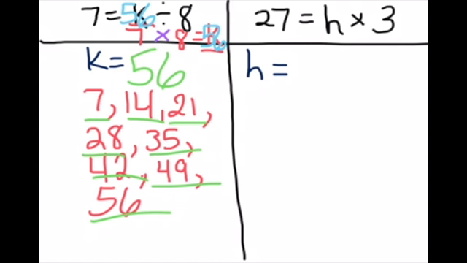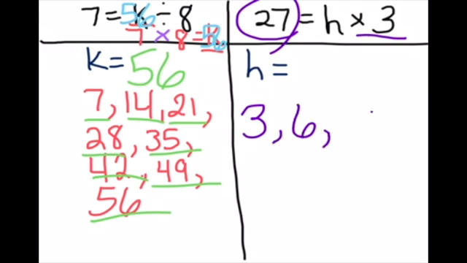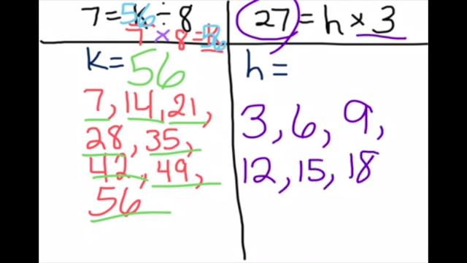Now let's figure out what H equals. 27 equals H times 3. So here's a nice easy one where we can just count by threes and stop at 27. So we have 3, 6, 9, 12. What would come after 12? 15, 18.